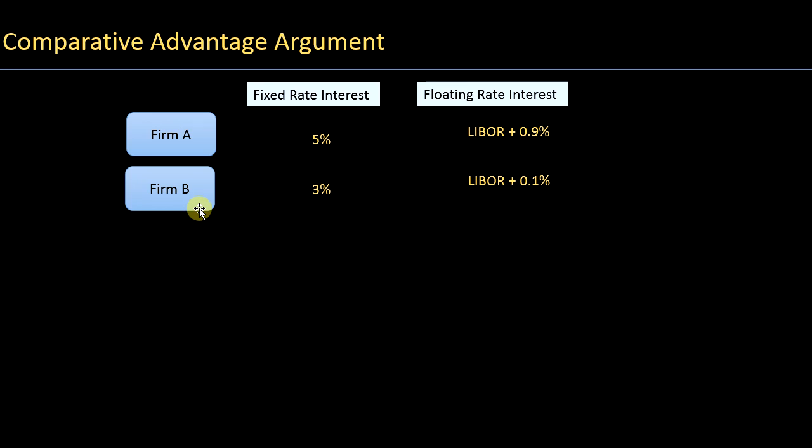The first thing you would notice is that firm B can borrow at a lower rate in the fixed rate market and in the floating rate market compared to firm A. That suggests that firm B has a better credit rating compared to firm A. In other words, firm B might have a better financial status, or might be large enough and safe enough compared to firm A. So firm B definitely seems to have a better credit rating than firm A, because firm B can borrow at a cheaper rate in both the fixed rate and the floating rate markets.